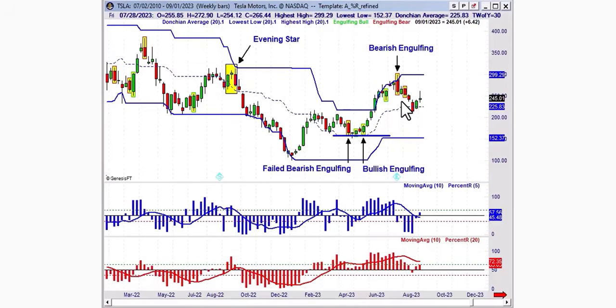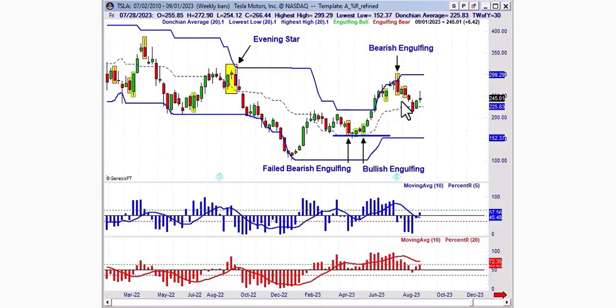Now, let me get on my soapbox and deviate from the lesson plan for a brief moment as far as the proper way to use candlesticks from a trading perspective. When the trend is up, my focus is going to be on bullish reversal patterns. When the trend is down, my focus, as far as identifying trade setups, is going to be on bearish reversal patterns.